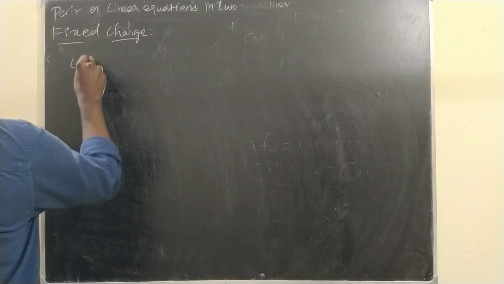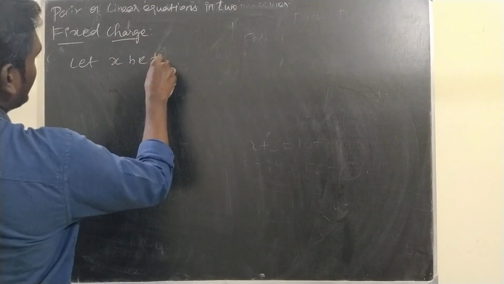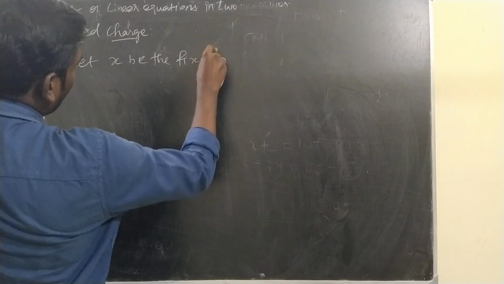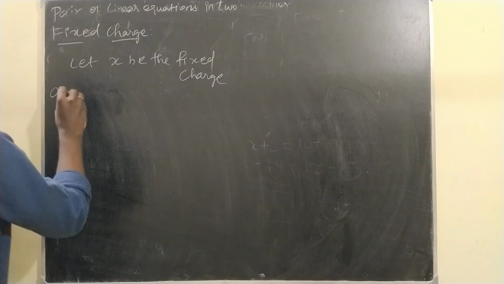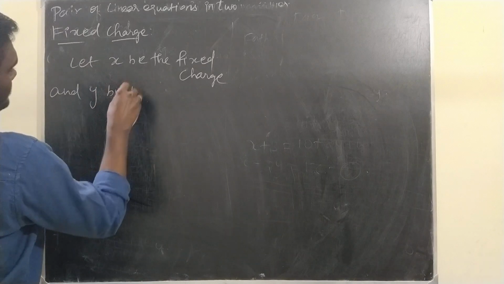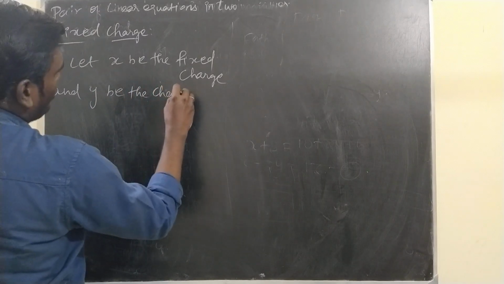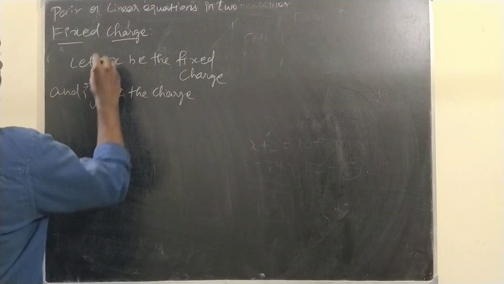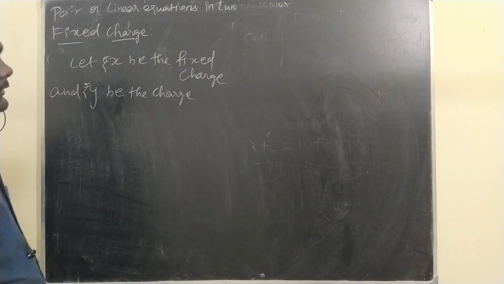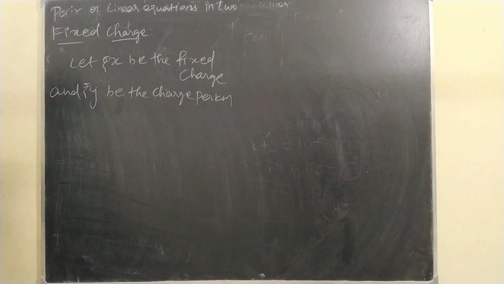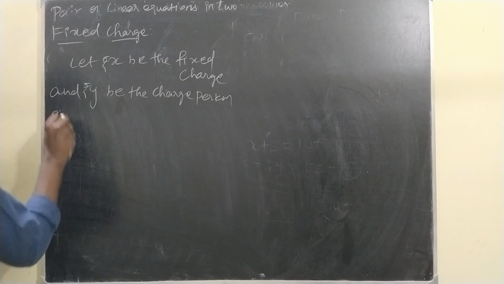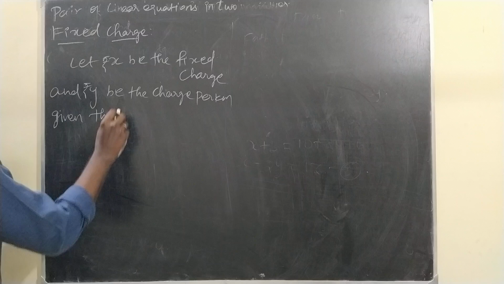So, two types of cost. So, let X rupees be the fixed charge and Y rupees be the charge per kilometer. Now, for 10 kilometers, that is given.